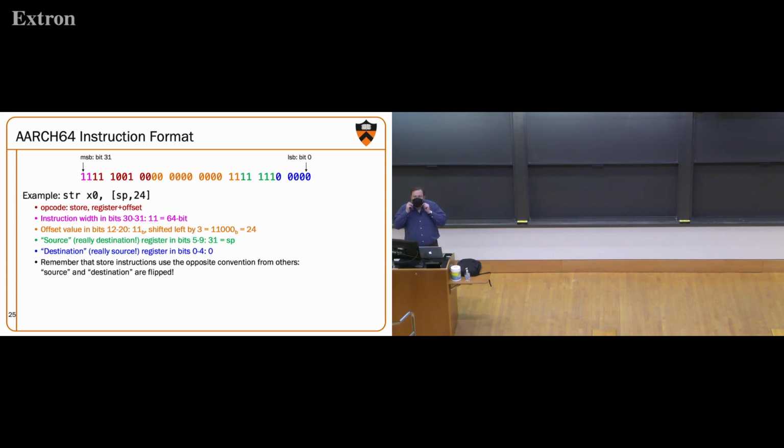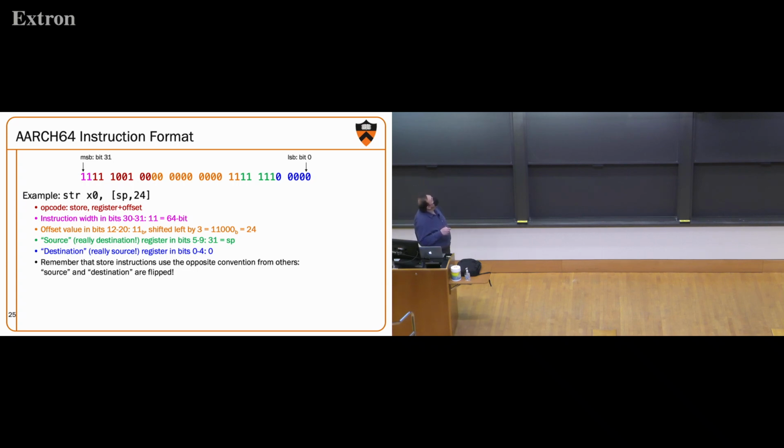Here is a register plus offset addressing mode. So we take the stack pointer register, wait, which number is that? Well, it turns out that stack pointer is the same as register x31 for the purposes of this instruction.